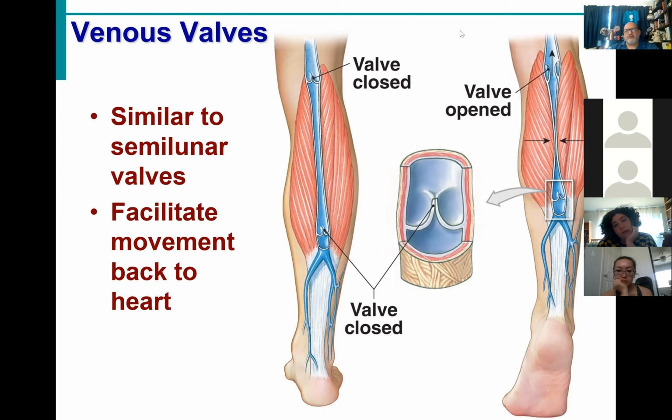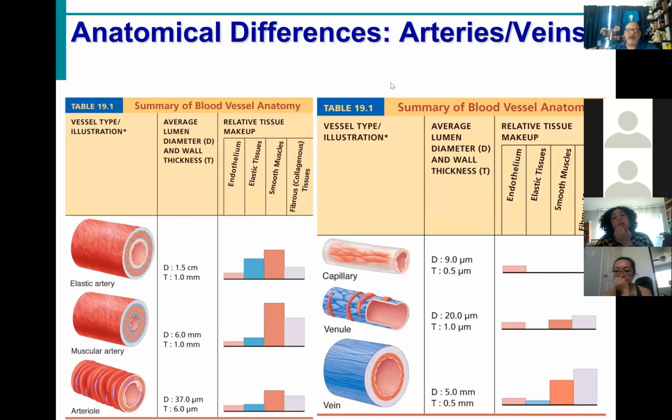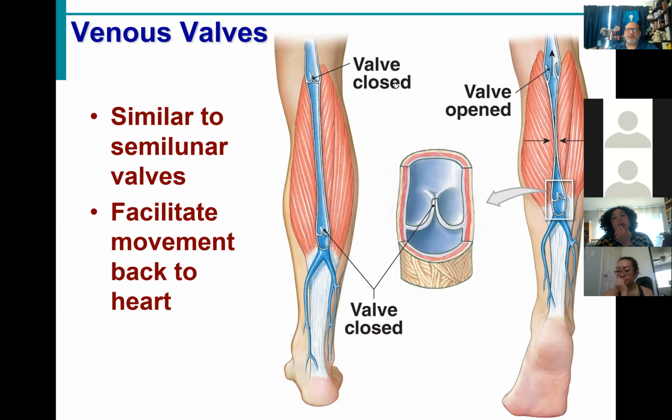Because of those two one-way valves, the blood cannot go back downward towards the foot, and instead is forced to move through, forcing this valve open and moving closer to the heart. So we're able to use this muscular pump to facilitate that movement. And there are other things that can help as well. These valves, just like the valves in the heart, help to facilitate and maintain a one-way movement of the blood.